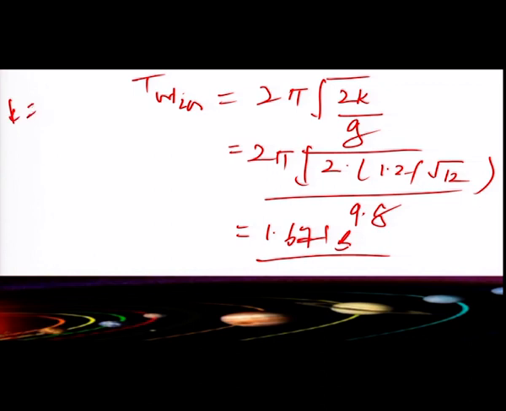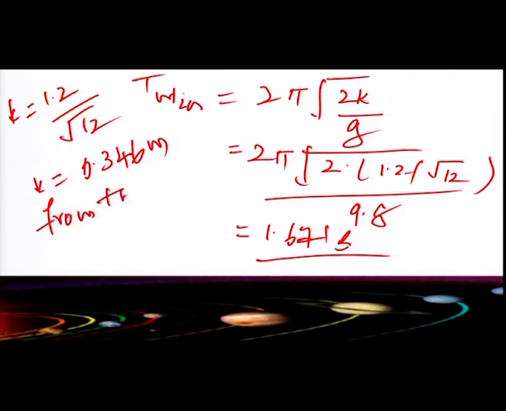So, that is equal to 1.2 divided by root 12, and when you simplify, it is 0.346 meter from the center of mass of rod.